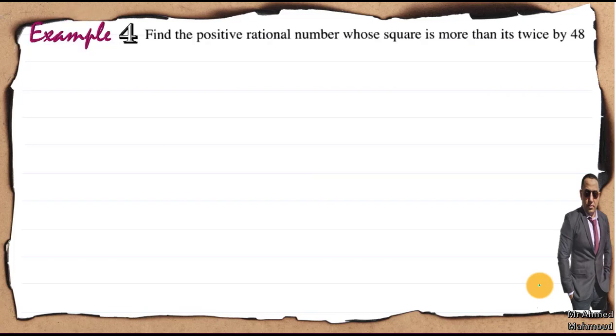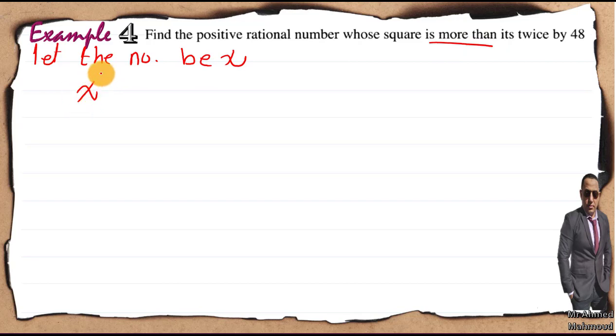Another example, number 4. Find the positive rational number whose square is more than its twice by 48. Okay. Let the number be x as usual. Whose square is more than.